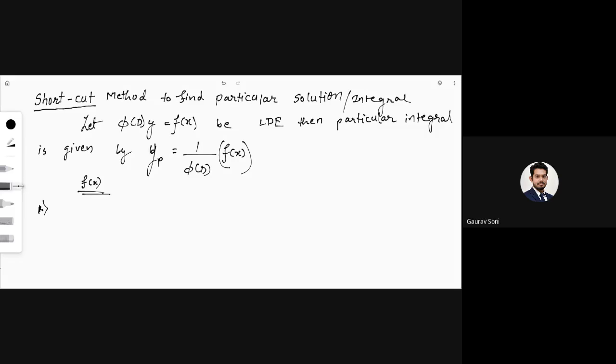Say for an example, so we'll just write this remark. Remark: depending on f of x, we write the solution.